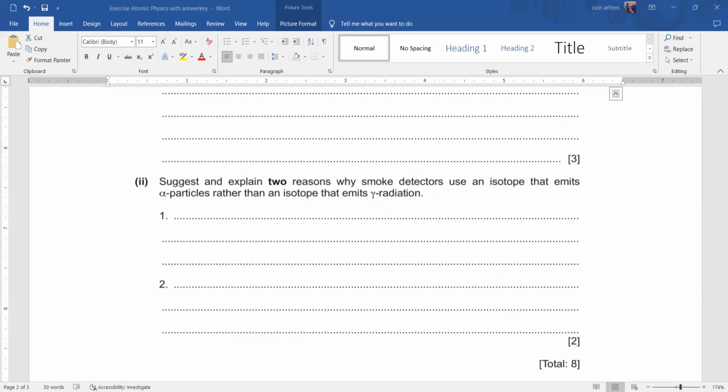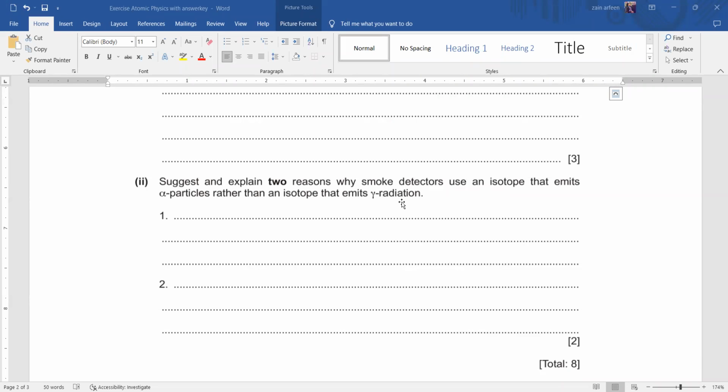That is one thing. What else? High energy gamma can cause cancer in humans. Okay, what else? You can mention less harmful. Gamma passes straight through, so gamma will not cause any ionization.